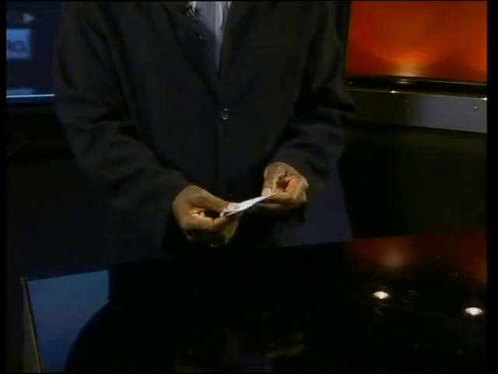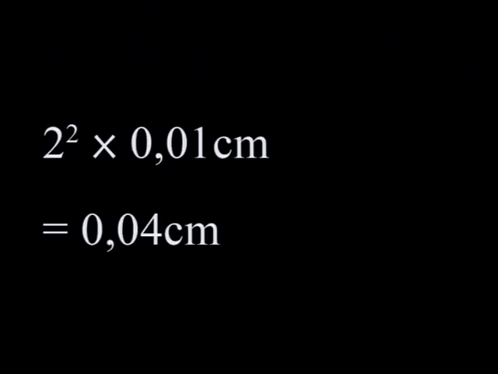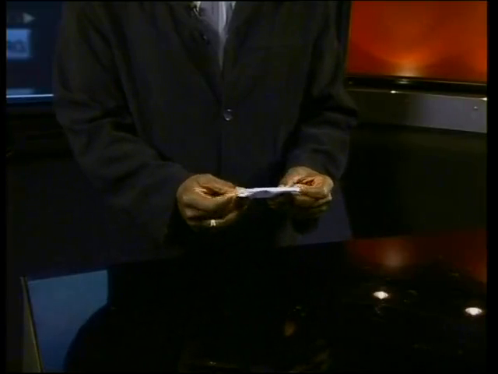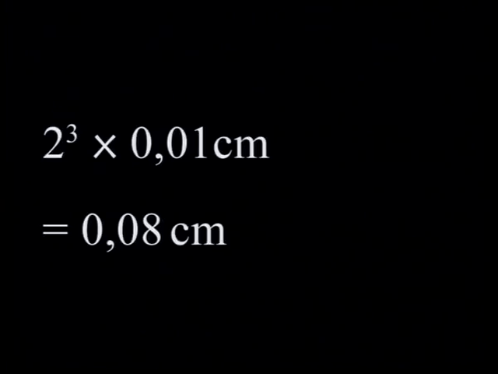After 2 folds, 2 times 2, or 2 to the power 2 times 0,01 centimeters, which will give us 0,04 centimeters. After 3 folds, it will be 2 times 2 times 2, which is equal to 2 to the power 3 times 0,01 centimeters, and that will be the same as 0,08 centimeters.